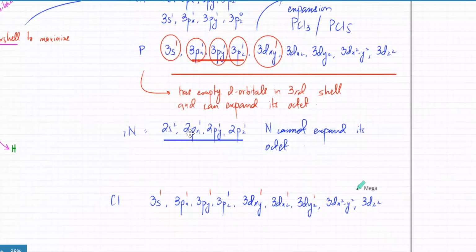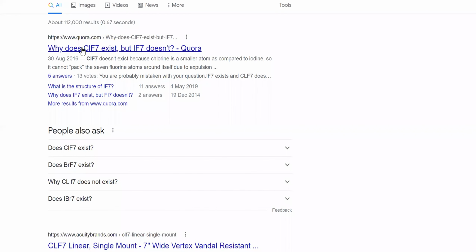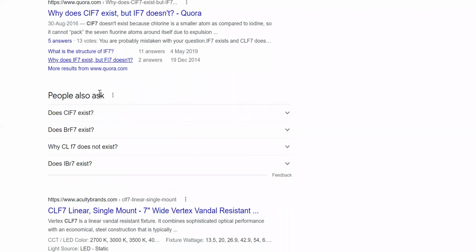It's usually this one: they say that PCl5 exists, but NCl5 doesn't exist because there's no room for electrons. You can just have 3 electrons, so only 3 Cls are going to bond with it. But in that case, octet expansion is possible because of the empty d orbitals. Is that clear? So you get questions like this. ClF7, anyways, does exist.